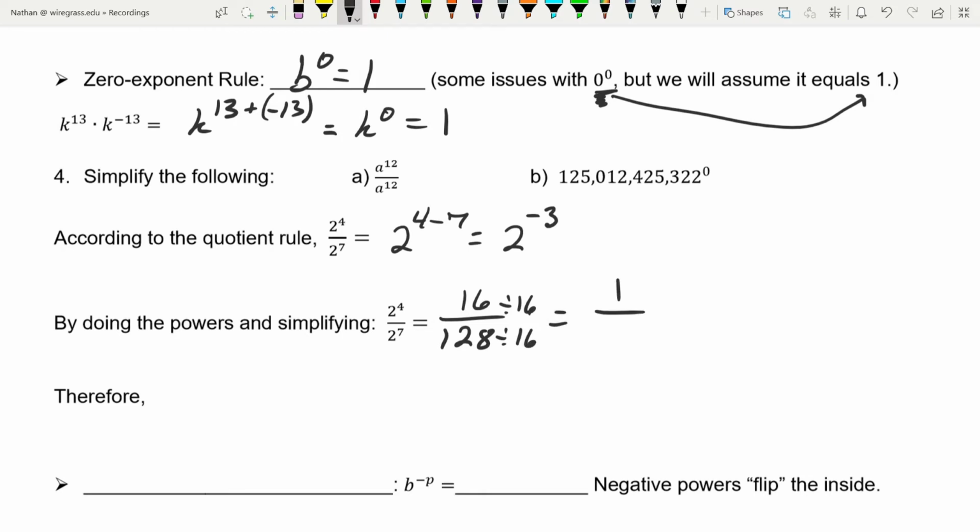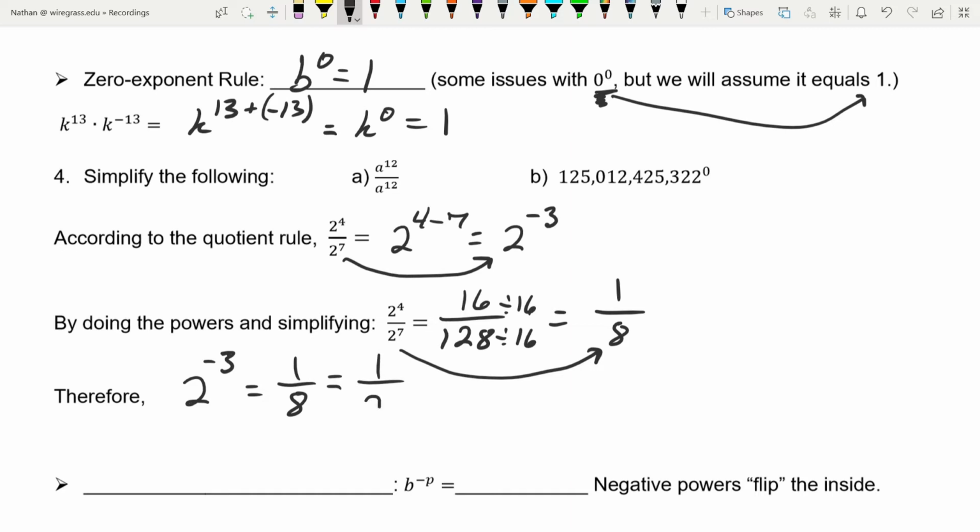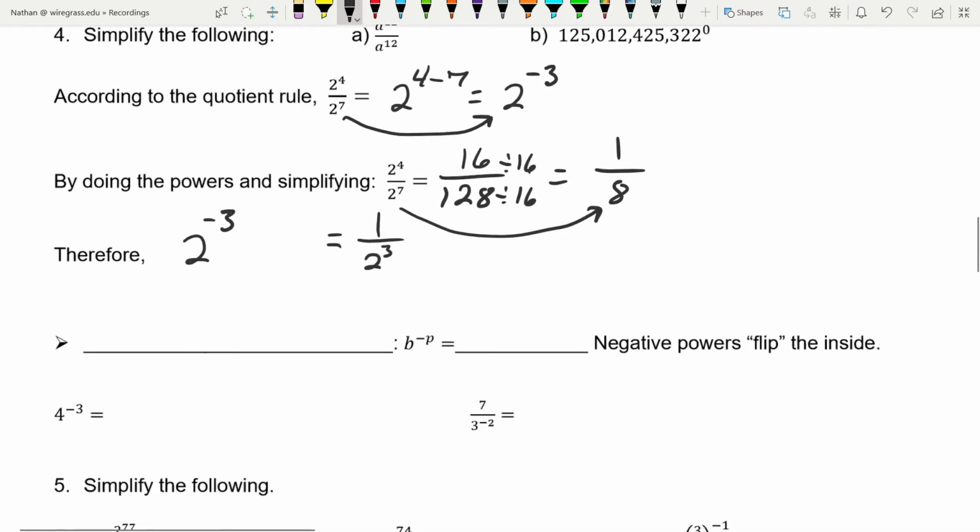That's going to give me 1 over 8. So if 2 to the 4 over 2 to the 7 equals 2 to the -3, and 2 to the 4 over 2 to the 7 equals 1 over 8, it stands to reason that 2 to the -3 equals 1 over 8. And that's actually the same thing as 1 over 2 cubed. And this is what we're going to be really looking at here. So just ignore this 1 over 8 portion and just say 2 to the -3 equals 1 over 2 to the 3. And that is called the negative power rule.